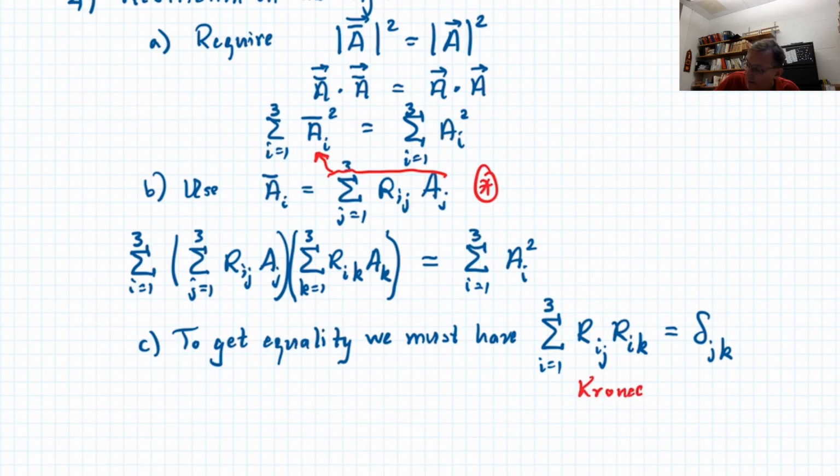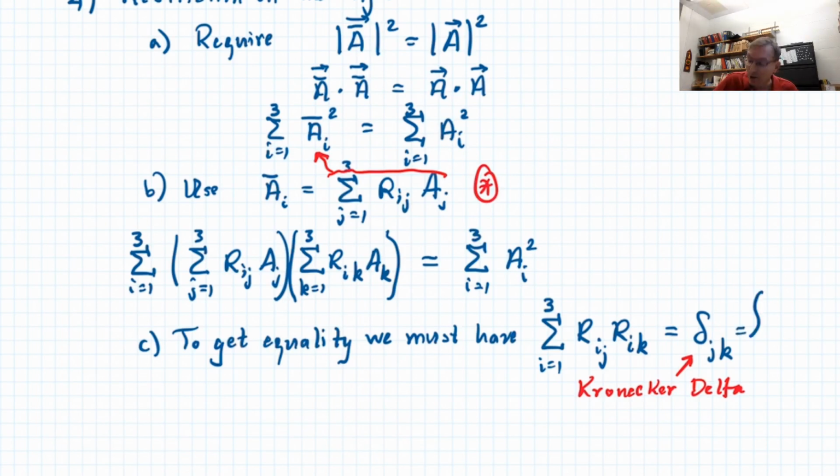That's what it's called, the Kronecker delta. The Kronecker delta always has two subscripts. They could be any letters you want. Here they're J and K. And really, the Kronecker delta has very simple, wonderful properties.